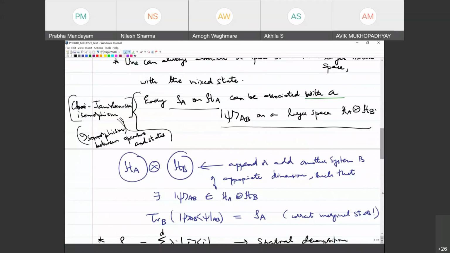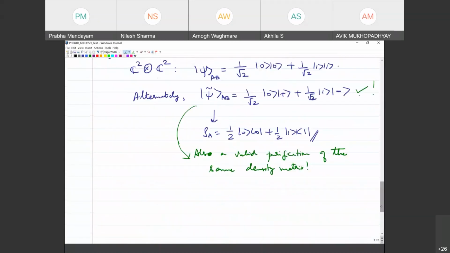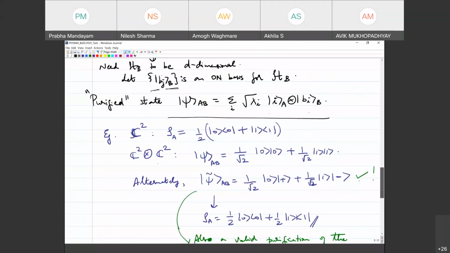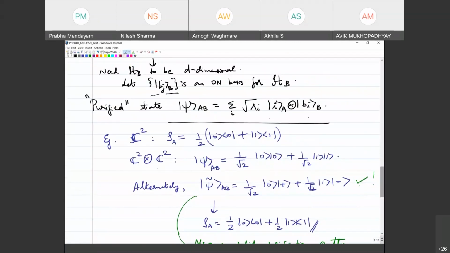So the moral of the story with this example is that the purification of a given density matrix rho to some pure state on a larger space is not unique. And just to make you think a little bit more, how do we go from this purification to this purification? What has happened between this purification and the second purification that I wrote down, psi tilde AB?